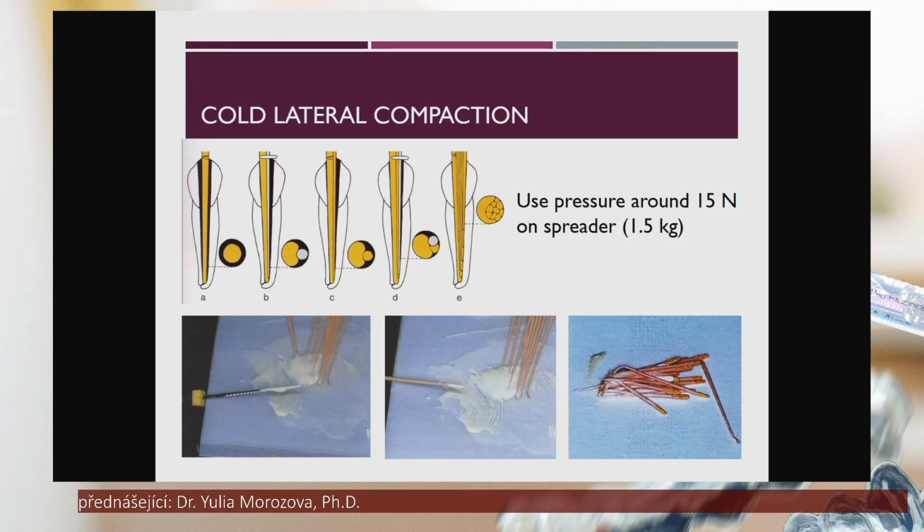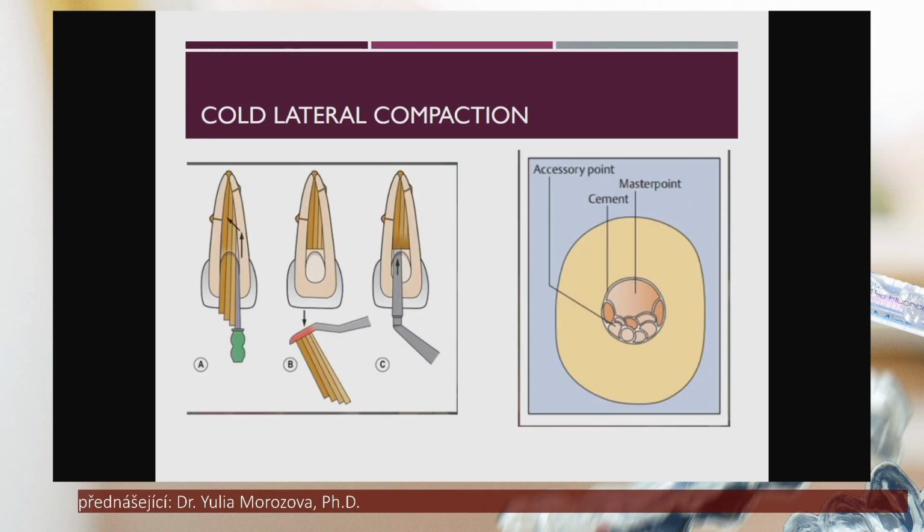Finally, using some heat instrument or some special heating device, a so-called hot plugger, we will remove the remnants of the gutta percha cones, and our aim is to remove all of these cones up to 2 millimeters under the root canal orifice. Finally, we will use a normal plugger, a cold one, and provide the vertical compaction of the gutta percha.